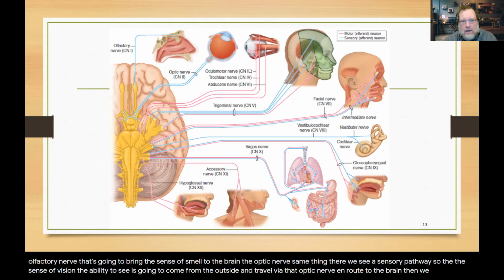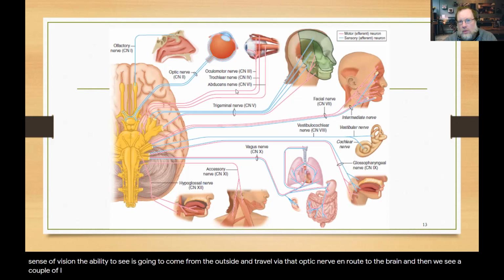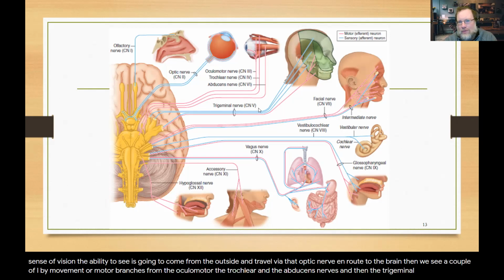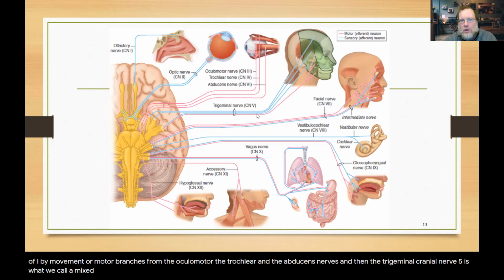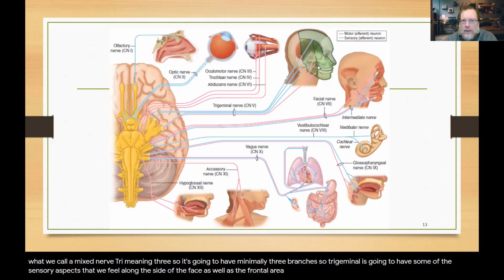Then we see a couple of eye movement or motor branches from the oculomotor, the trochlear, and the abducens nerves. And then the trigeminal, cranial nerve 5, is what we call a mixed nerve. Tri meaning three, so it's going to have minimally three branches. Trigeminal is going to have some of the sensory aspects that we feel along the side of the face, as well as the frontal area.